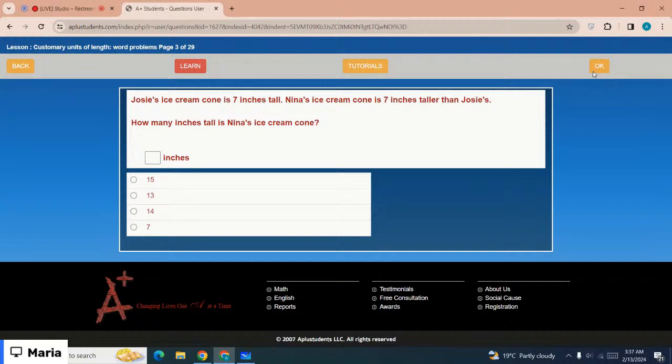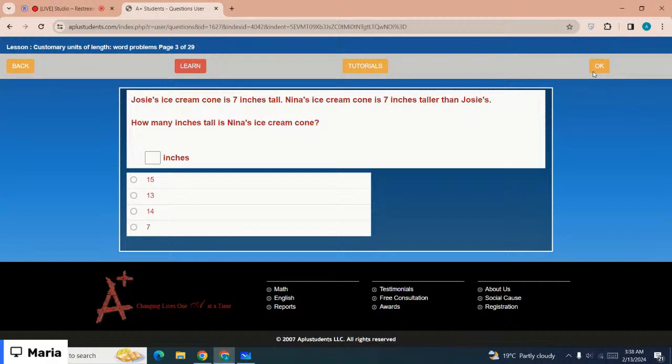Josie's ice cream cone is 7 inches tall. Nina's ice cream cone is 7 inches taller than Josie's. So 7 inches taller, right? That means Nina's ice cream cone is 7 plus 7.